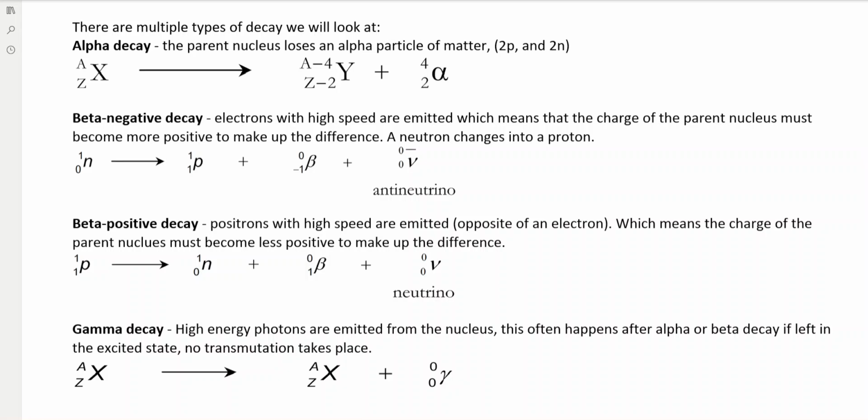So for alpha decay, basically what's happening is that the parent nucleus, the original nucleus, loses an alpha particle worth of matter, which is written like this or sometimes written like this, because a helium atom without the electrons is an alpha particle.